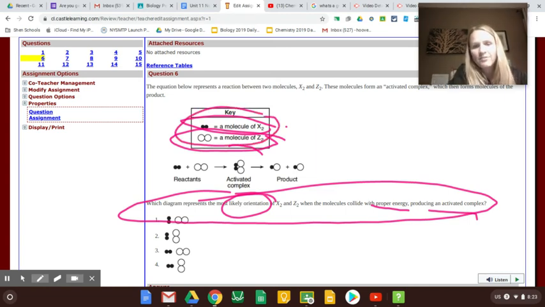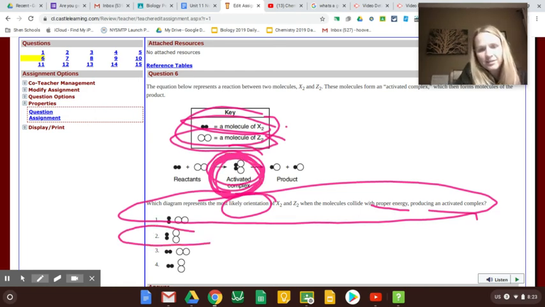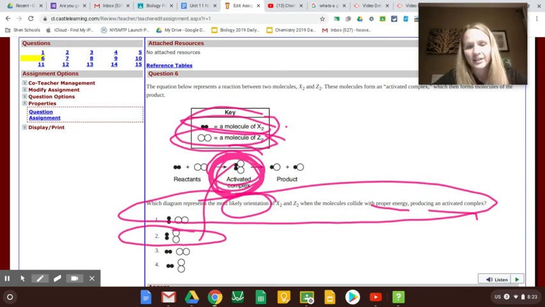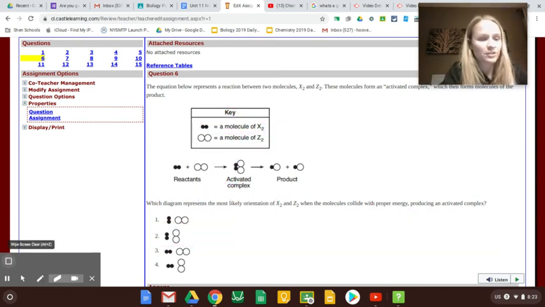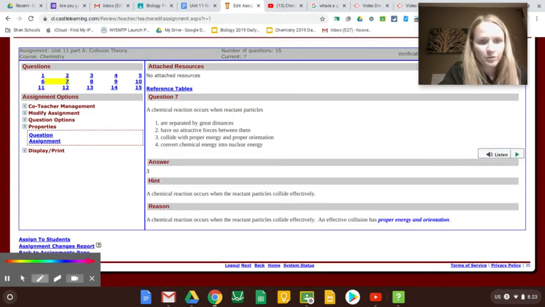Here's the activated complex. So if that's how they want the activated complex to be, I would like them to be lined up like this, so that it looks the most like the activated complex. So it's a really weird way of asking you if you know the correct orientation. I was really surprised at that question, but again, that was 2018. Every year they surprise me with what they ask, so I'm trying to expose you to all of it.